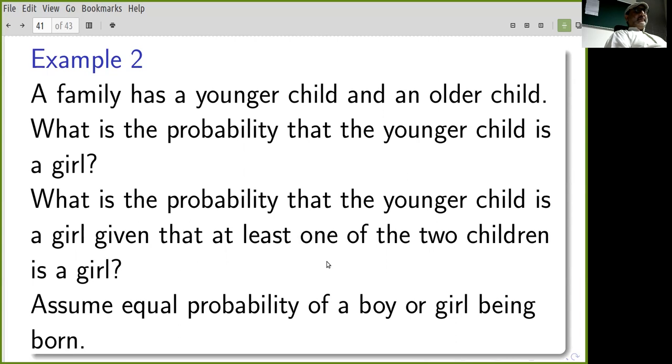So what do we have? The boy boy is excluded. So that should actually change the probability. So you should think about that.